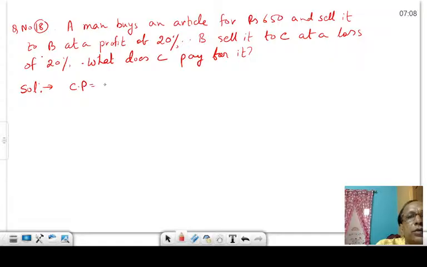Cost price is equal to rupees 650 and profit is equal to 20%. Therefore, we have to find the selling price.